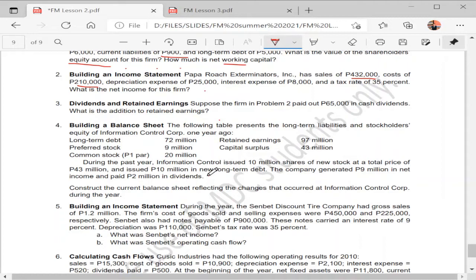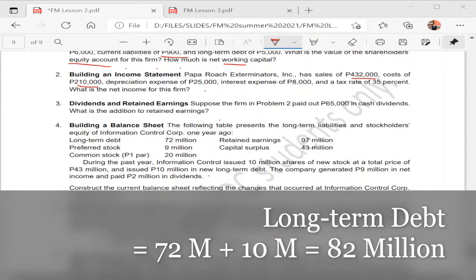Then that would be added on to your long-term debt. So how much is our long-term debt here at the end of the year? Can you write your answers in the chat box? So you're going to add 72 plus 10. So that's 82 million.